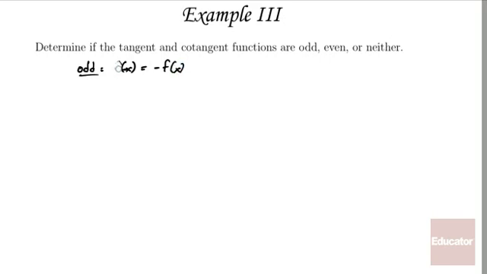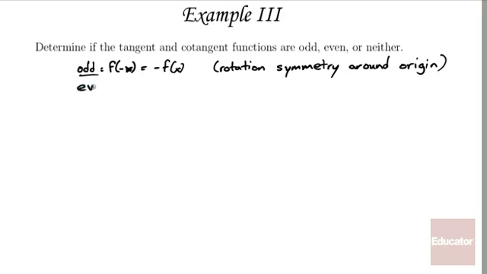Let me draw that a little more clearly. F of negative x is equal to negative f of x. And it's the kind of function that has rotational symmetry around the origin when you look at the graph.